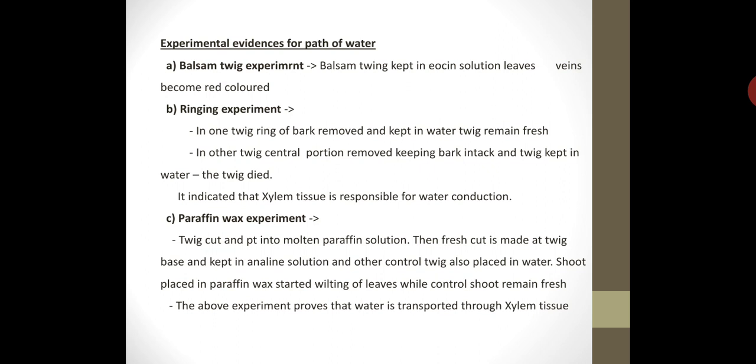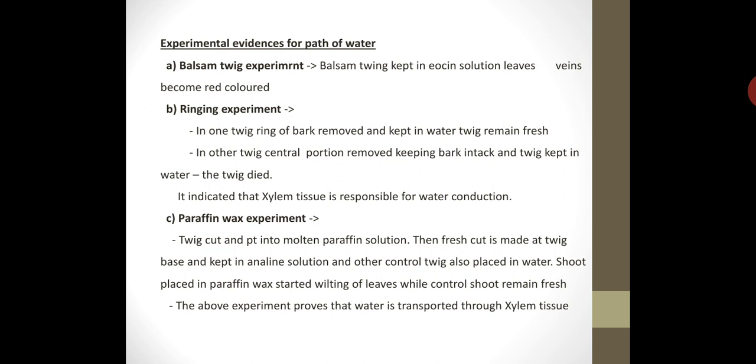After half an hour, it is observed that the first twig, in which only bark was removed, was fresh, while the second twig, of which the central xylem tissue was removed, got wilted. Why did this happen? Because we removed the xylem tissue, the water from that medium could not get absorbed because of the absence of xylem, so the leaves got wilted.